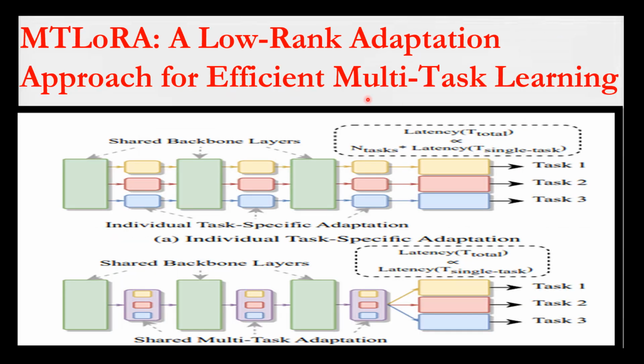Then comes MTLoRA, which is a low rank adaptation approach for efficient multitask learning. In technical terms, MTLoRA is a low rank adaptation approach for parameter efficient fine tuning of multitask learning models, and it aims to facilitate efficient fine tuning in scenarios involving simultaneous learning of multiple tasks from a shared backbone network.